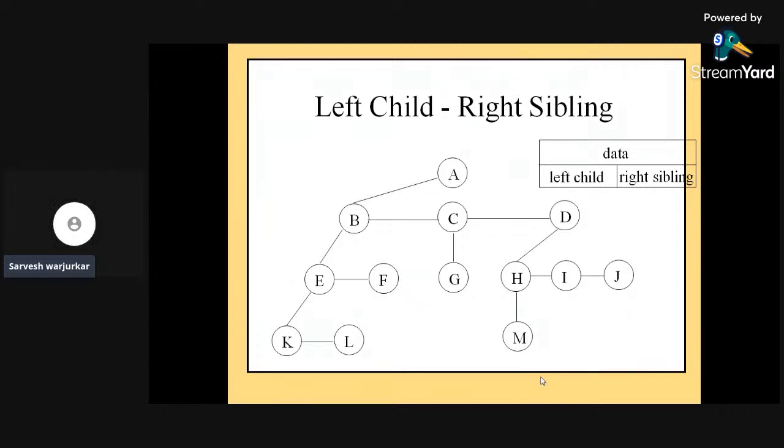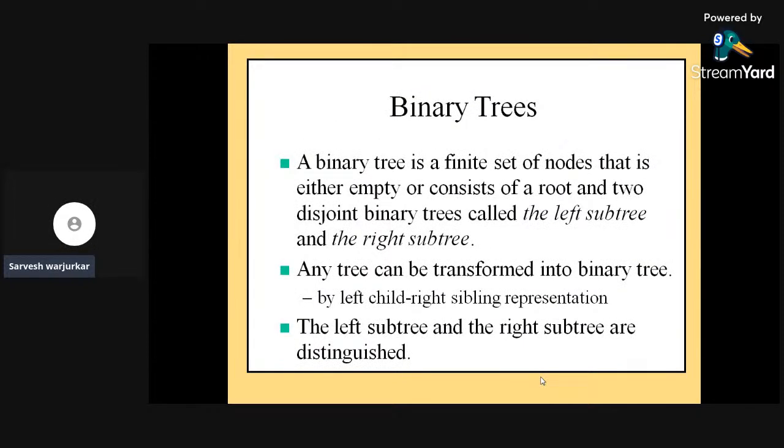For example, if A is the root node, it has the child on its left, that is B, and B has two children, E and C. E is again having children, that is F and K, and K has only one child, that is L. C has one, that is G. D has H, I, J, and M, and so on, like this.